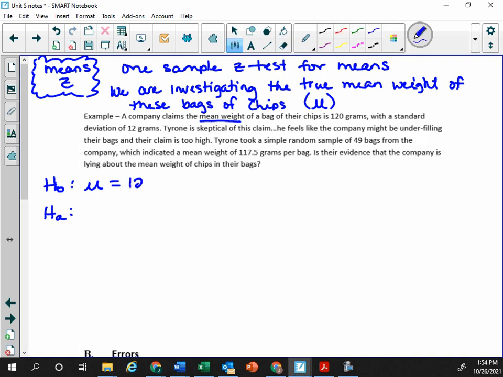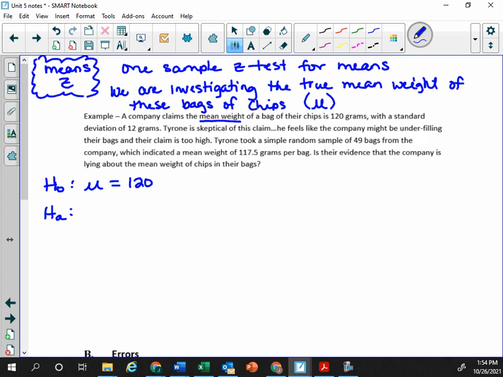Now, if you didn't define the parameter up here, saying what mu represents, in your problem you would want to write your null and alternative out in words. I much prefer to just write it once instead of writing out the true mean weight for bags of chips is 120 grams, and then writing that all again for the alternative. Seems like too much writing to me.